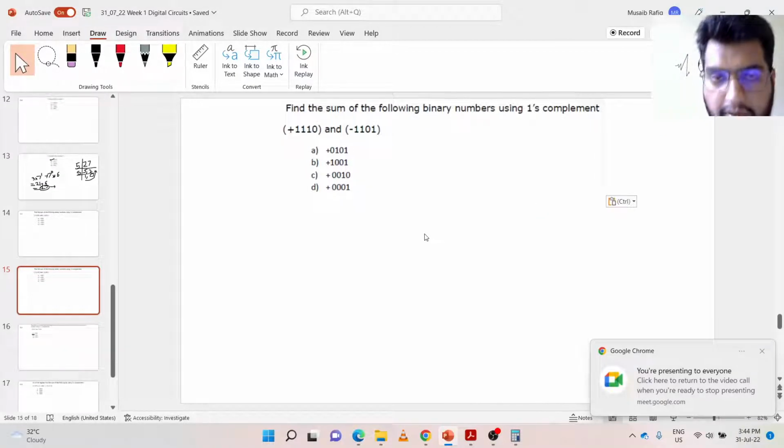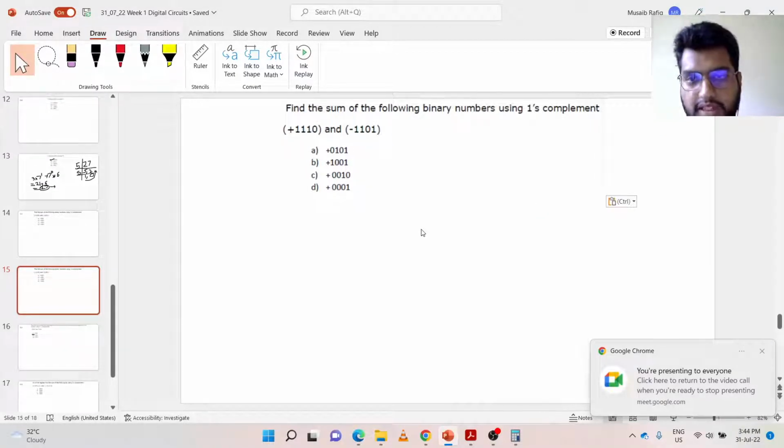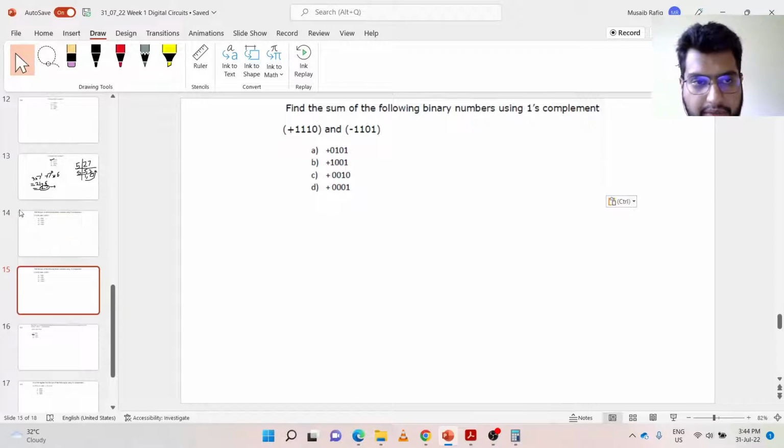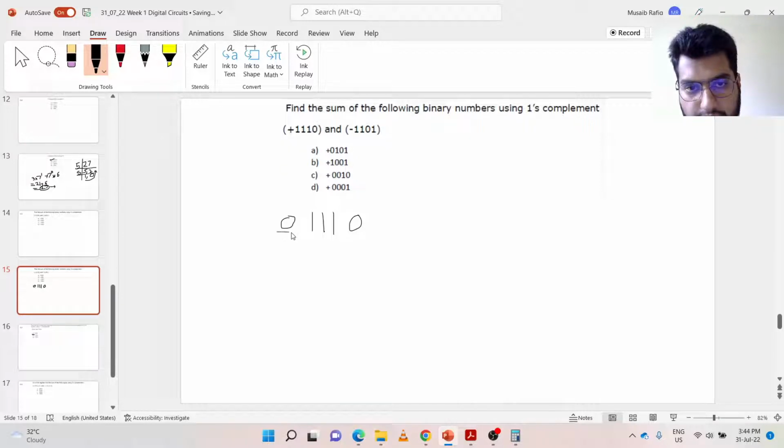This question number 11 wants us to add these two binary numbers using ones complement. So what we will do here is take this positive number as it is, that is 1, 1, 1, 0, and its sign bit is 0. And this negative number, minus 1, 1, 0, 1, we take its ones complement.